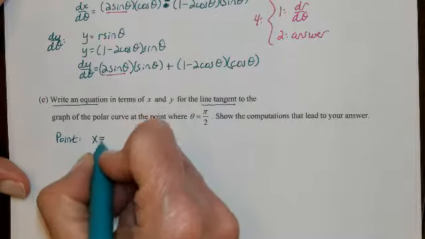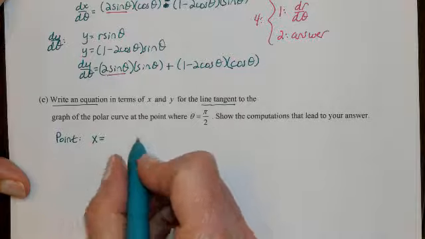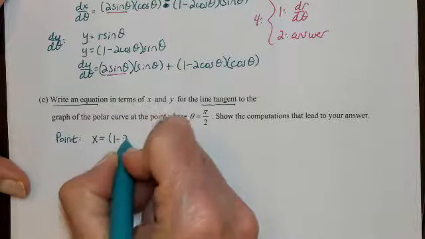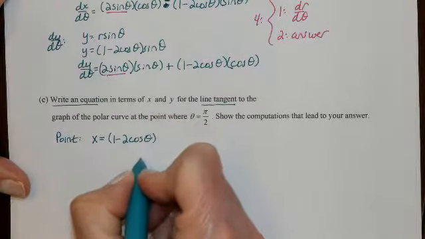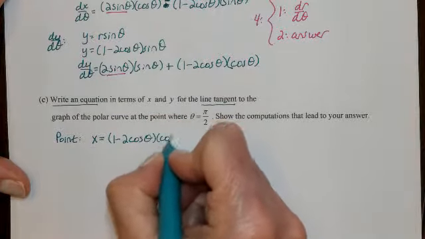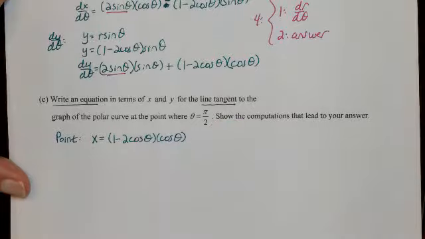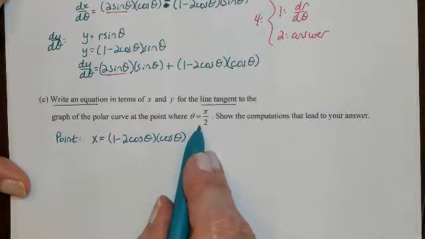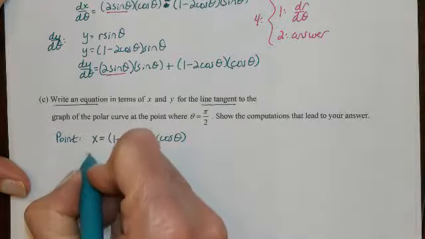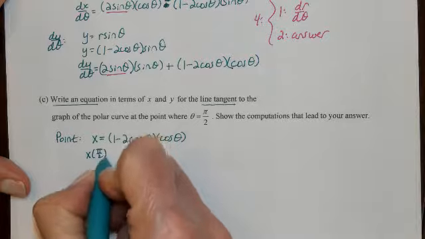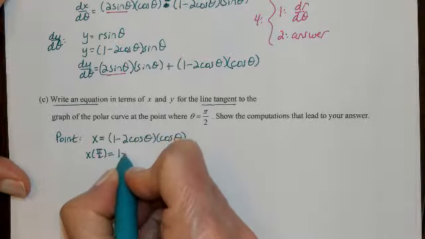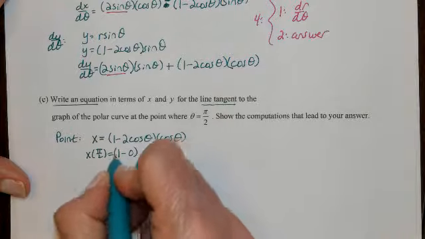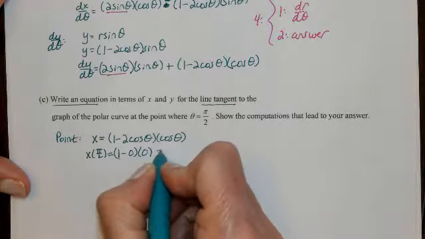So x is equal to r cosine theta, right? So r is 1 minus 2 cosine theta, and then cosine theta. Now I just need to put pi over 2 in for theta, right? So x at pi over 2 will be 1 minus 2 times cosine of pi over 2, which is 0.